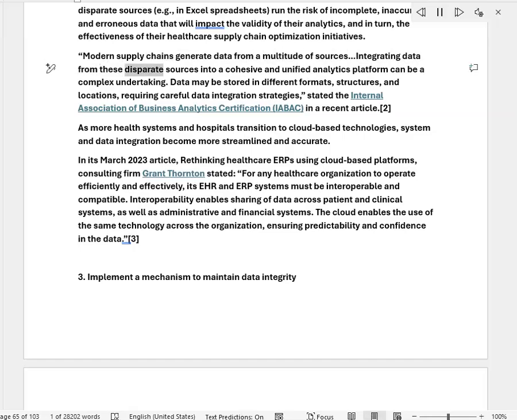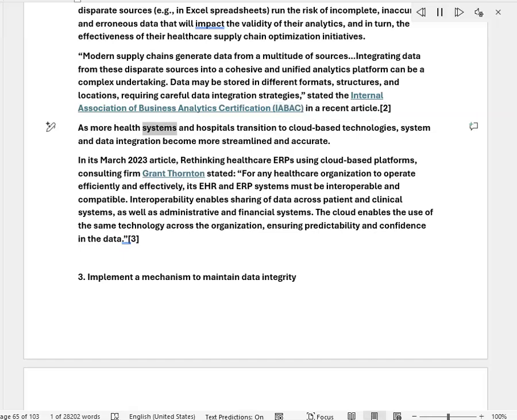Integrating data from these disparate sources into a cohesive and unified analytics platform can be a complex undertaking. Data may be stored in different formats, structures, and locations, requiring careful data integration strategies, stated the International Association of Business Analytics Certification, IABAC, in a recent article too.